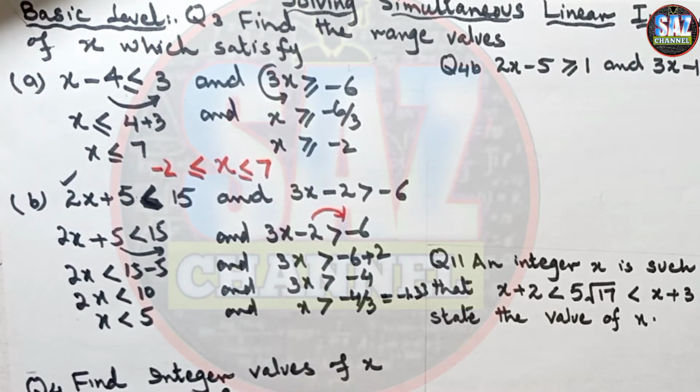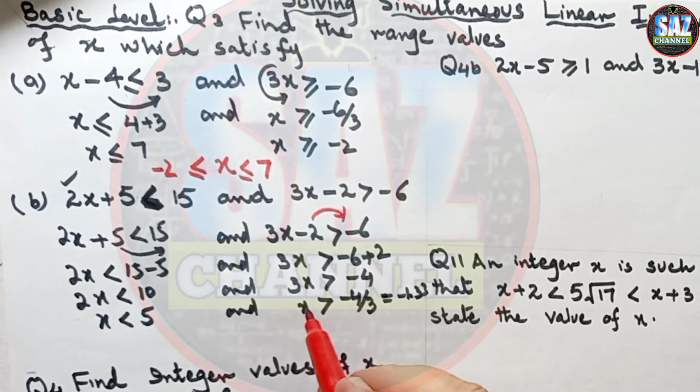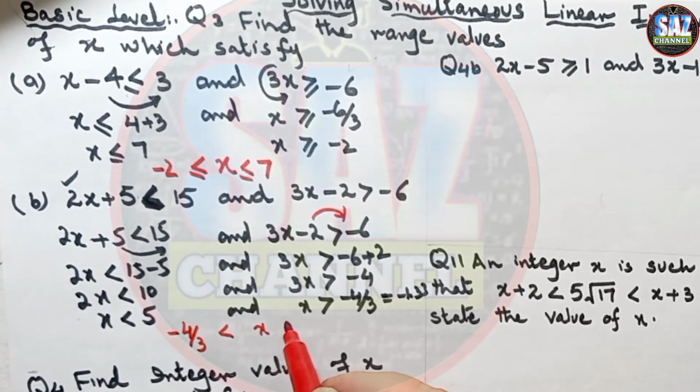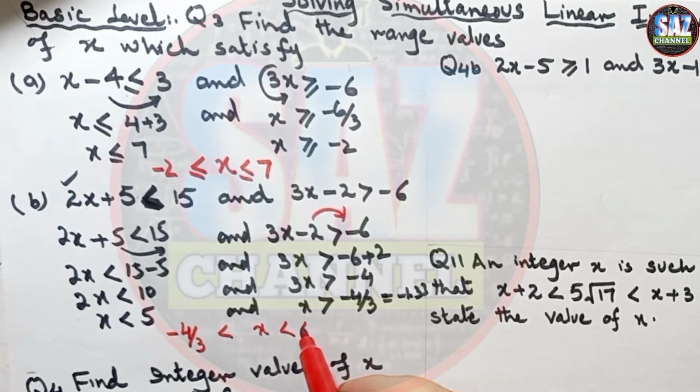So the range values of x will be x greater than minus 4 by 3 but less than 5. This will be the range values of x.